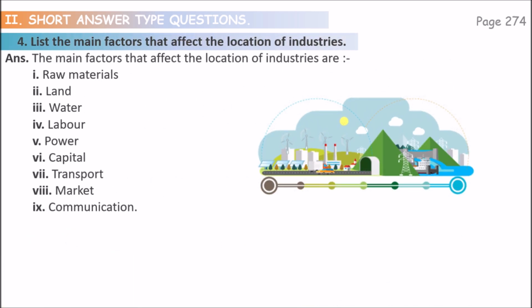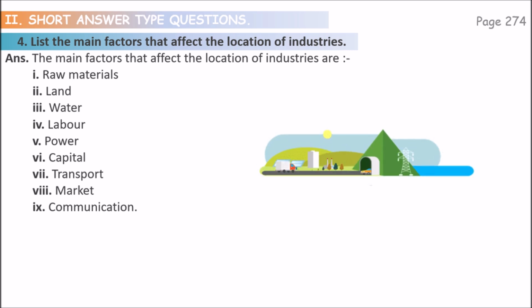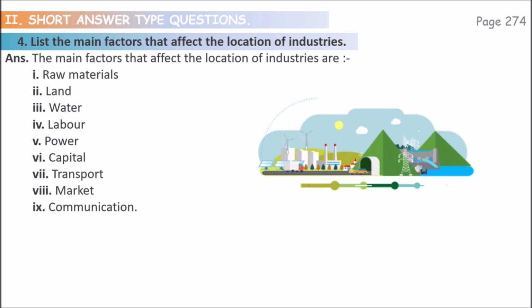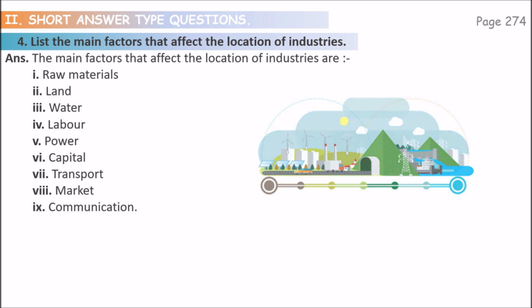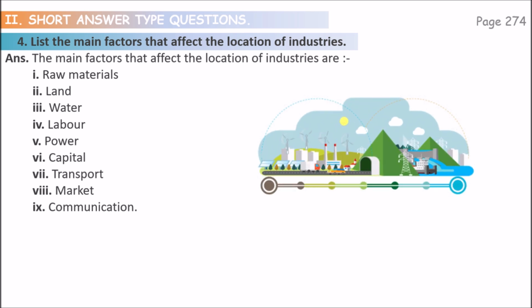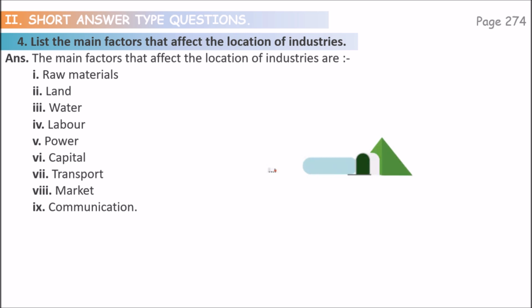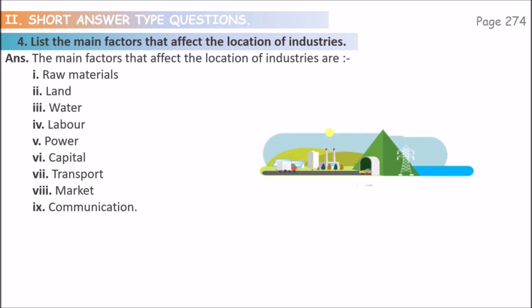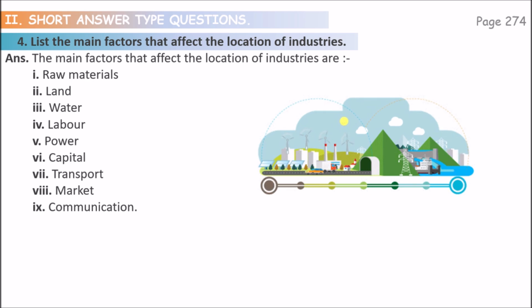List the main factors that affect the location of industries. Answer. The main factors that affect the location of industries are raw materials, land, water, labor, power, capital, transport, market, communication.